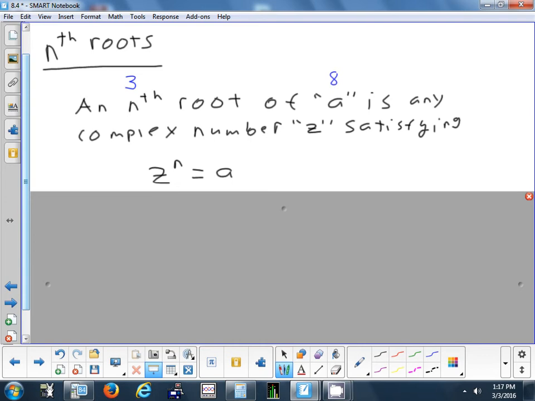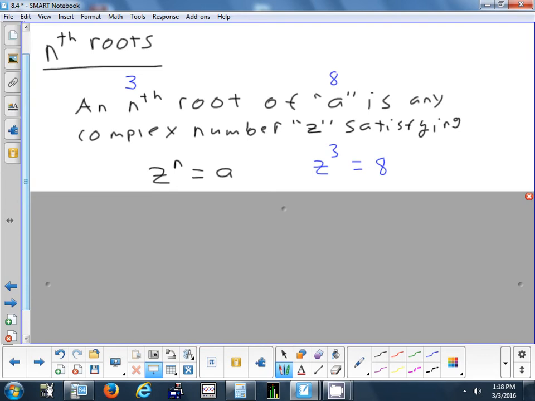I'll show it to you with numbers. Fill 3 in for n, fill 8 in for a, and then solve the problem. So z cubed equals 8.